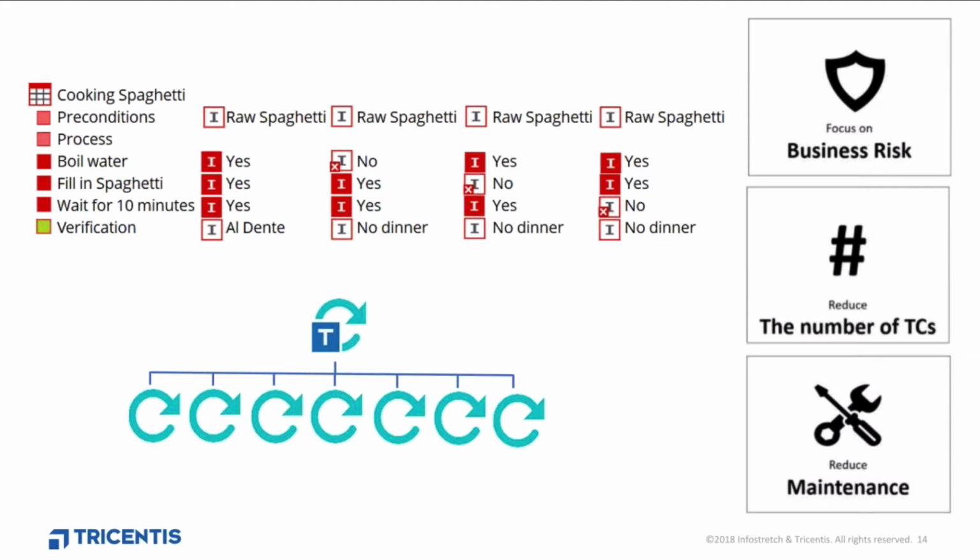I've prepared an example here, so let's quickly go through that easy example to explain it. Let's say your system under test is supposed to cook spaghettis al dente. To achieve this, it requires certain preconditions, such as you have to have these raw spaghettis, and you have to execute a certain amount of actions to get your spaghetti al dente, such as you need to boil water.